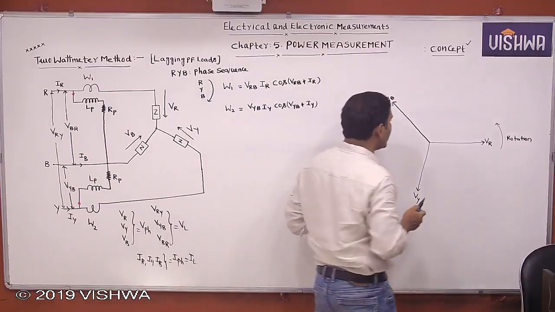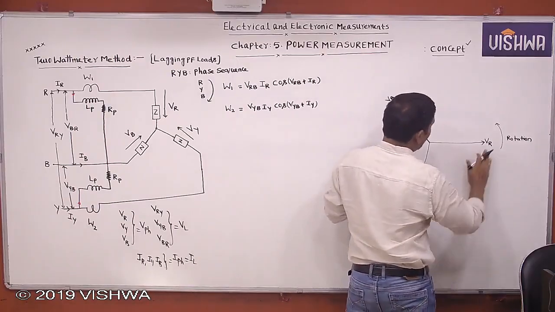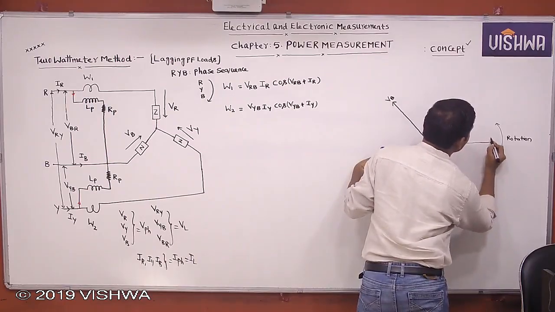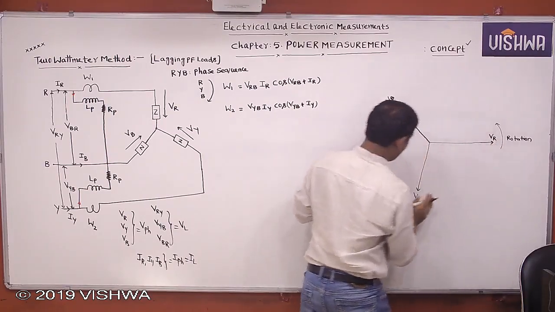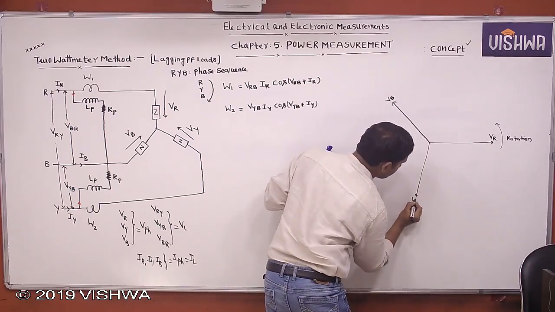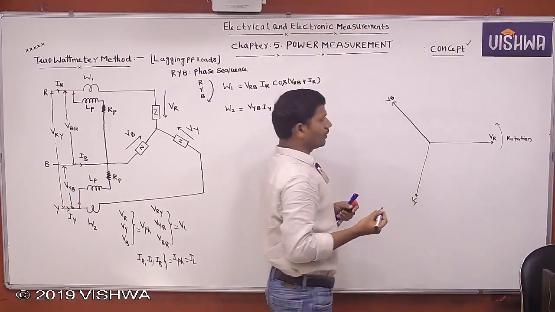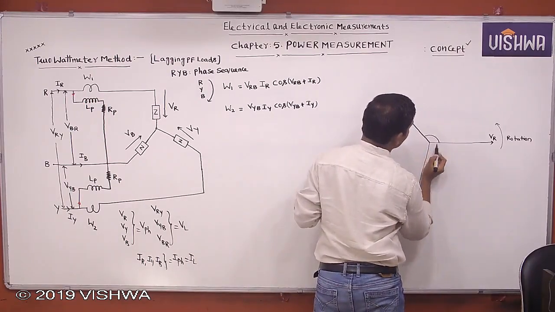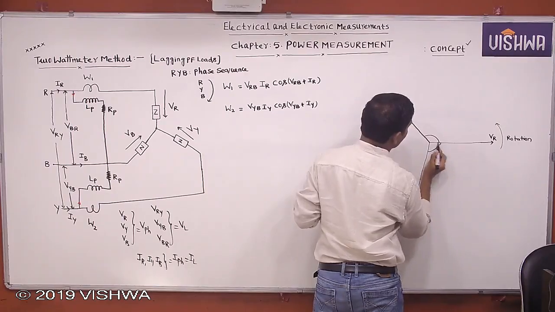Now tell me, here we have taken lagging power factor loads. And this is VR. And this is VY. Then this is how much? 120 degrees. This is how much? 120 degrees.